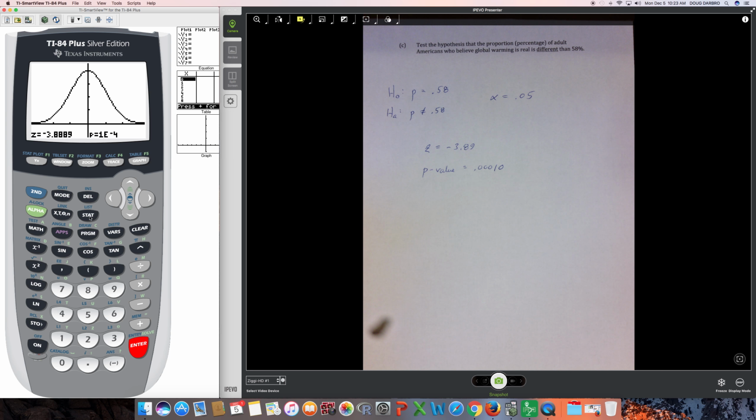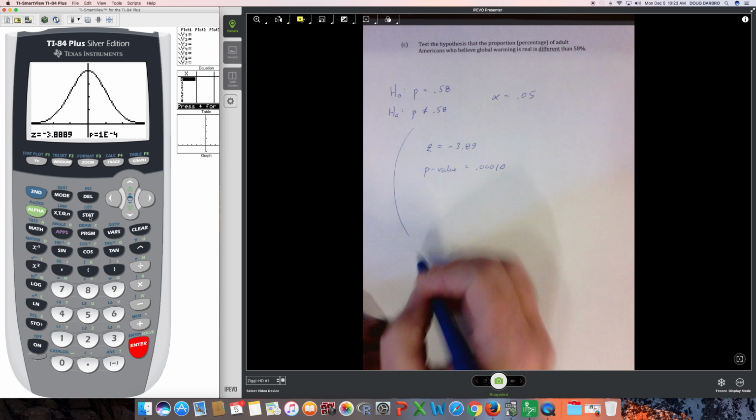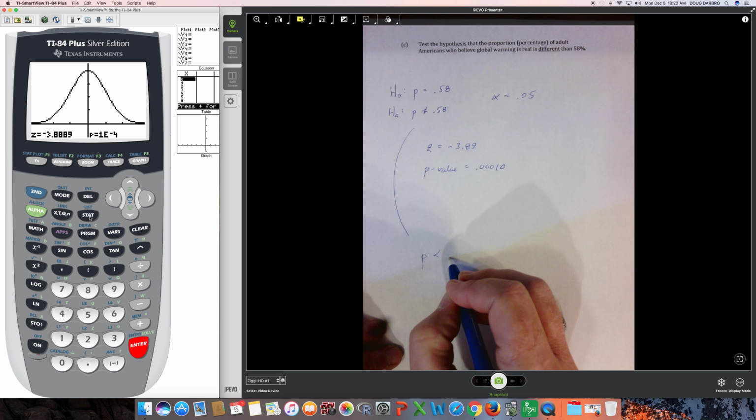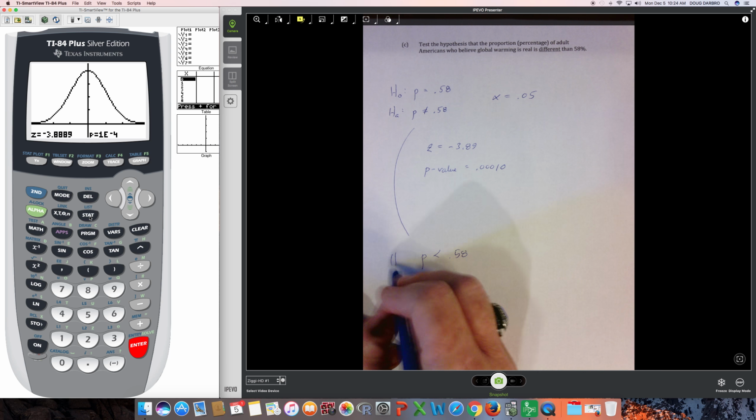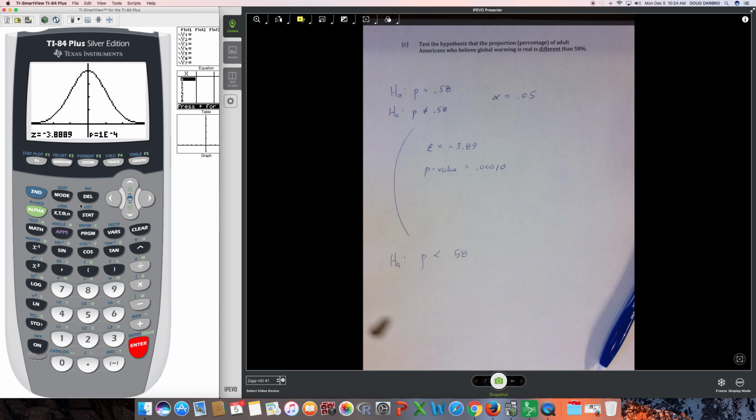Now, what I want to do, just to show you the p-value calculation, is go back to when the alternative hypothesis was p less than 0.58. I want to play around with the data a little bit to show you that calculation. So if I make my sample value a little larger, let's try 560, I think that'll probably do it.